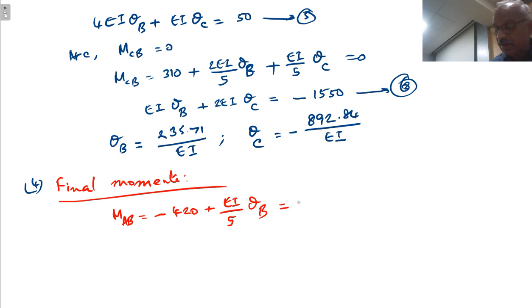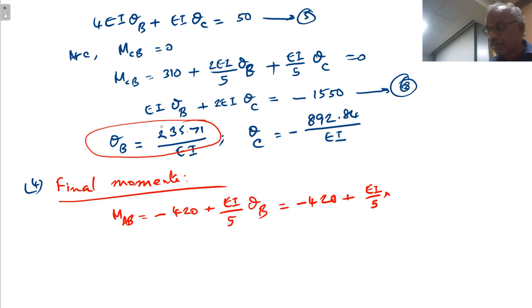We have to rewrite the slope deflection equations one by one and substitute the values of the unknowns. So minus 420, this is already known, plus EI by 5 into θB, which is 235.71 by EI.